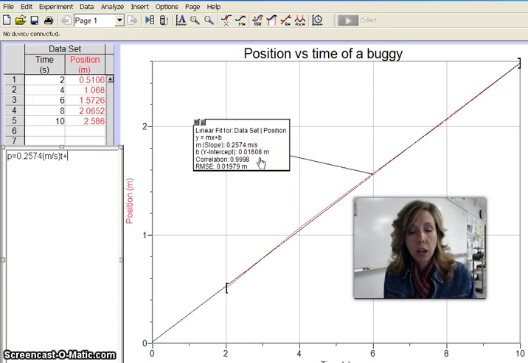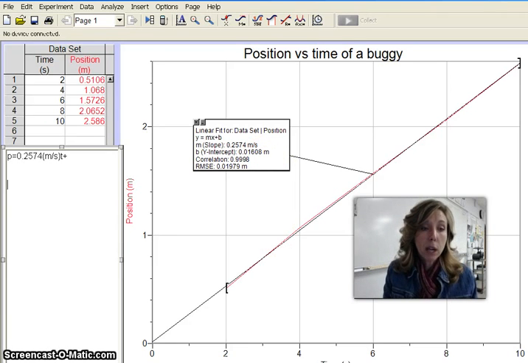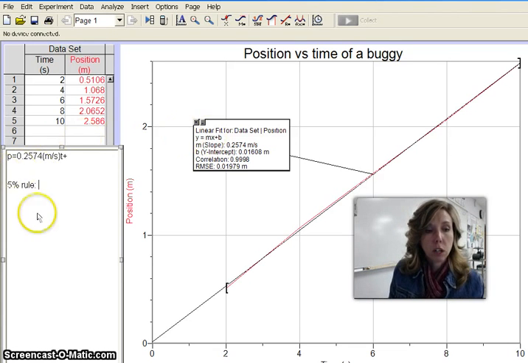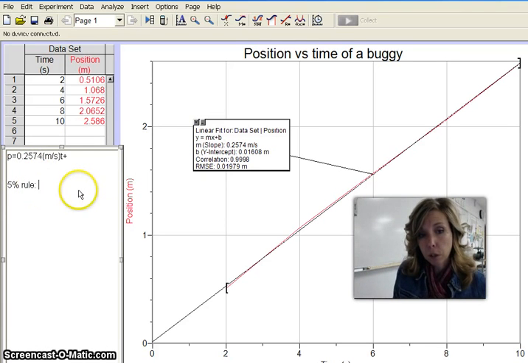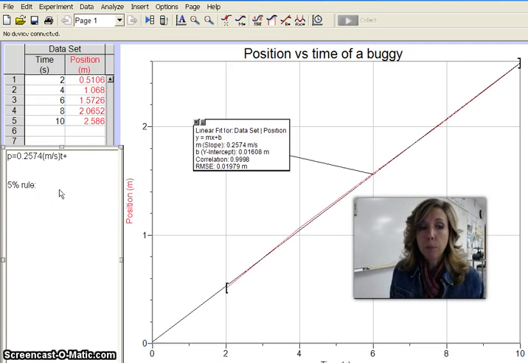And so to do that, we always run what we are going to call the 5% rule. In the text box over here, I'm going to give you generally what the 5% rule is, and then I'm going to show you how we're going to calculate it for this particular example. To calculate a percent, I'm going to take the y-intercept and divide it by the highest y value.